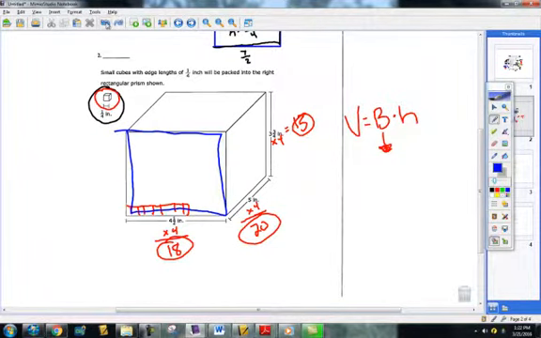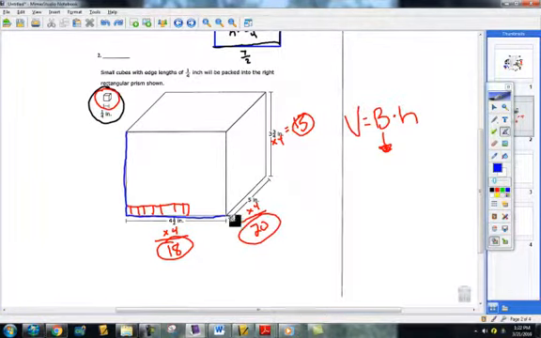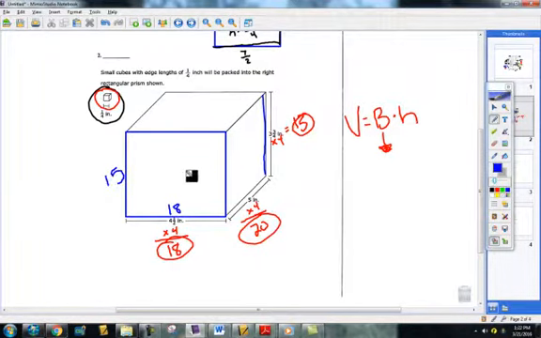Let me draw that better. There we go. That's going to be 18 there. This is going to be 15 there, because that's got to be the same as those ones. So that's 15.